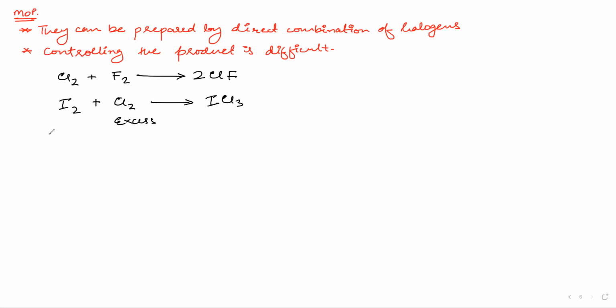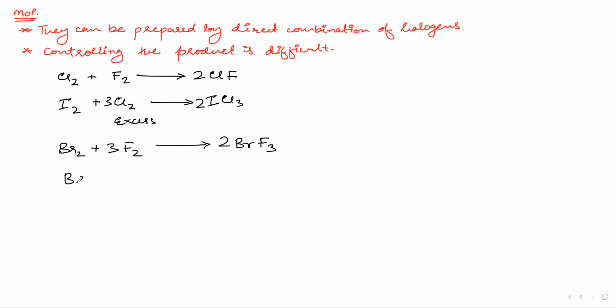Now if you are given something like, Br2 plus 3F2, what will you make? Now this is very easy because they have given you the stoichiometry here, so you can play with the stoichiometry and write 2BrF3, correct?